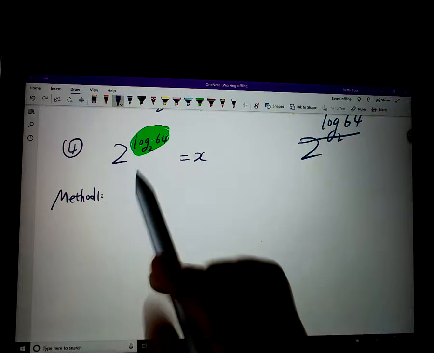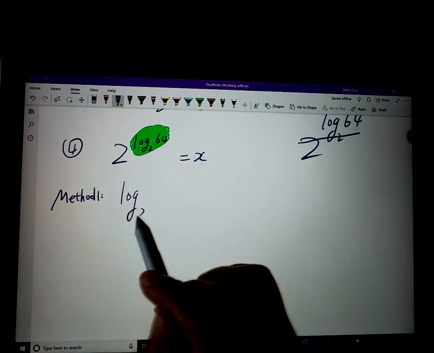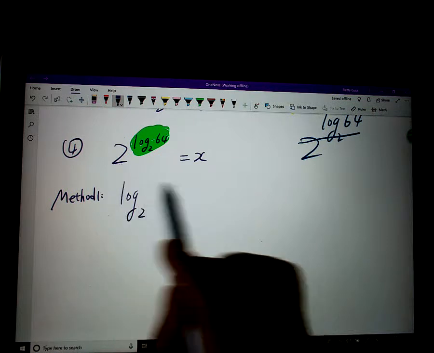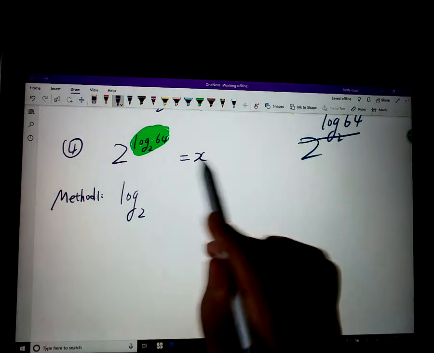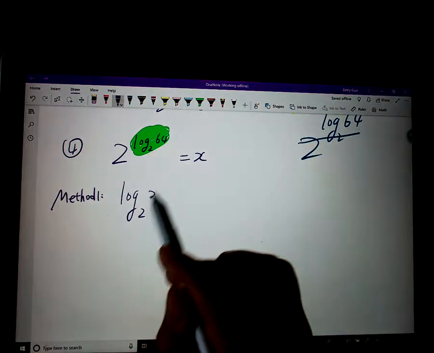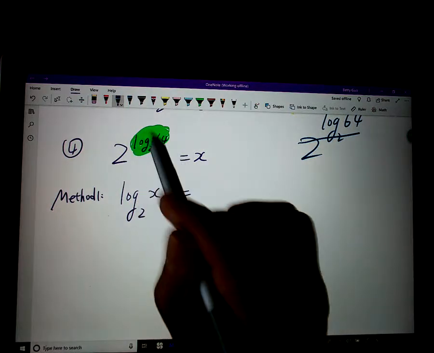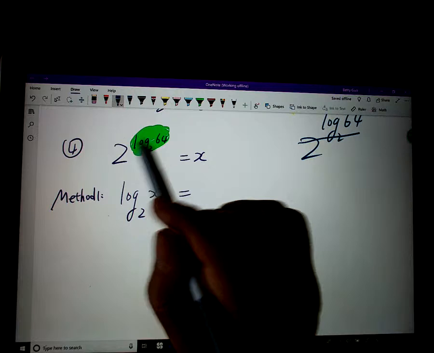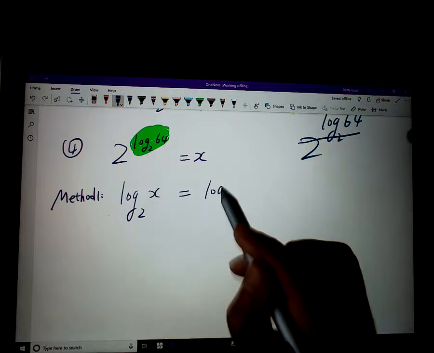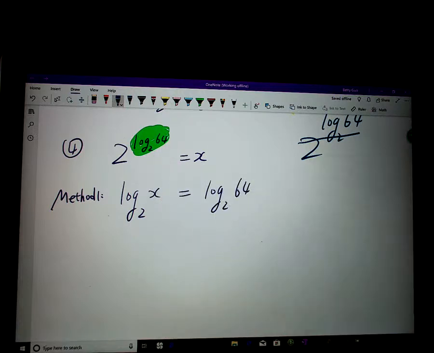Let's try that. Log with base 2. 2 is the base, right? What's the anti? Anti is x equals log. Remember, log is on the shoulder of base. Log is log with base 2, 64.